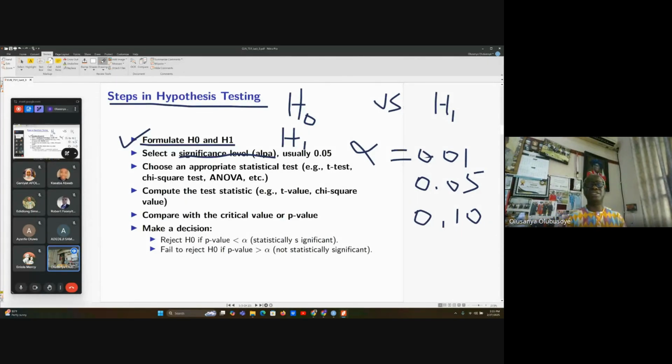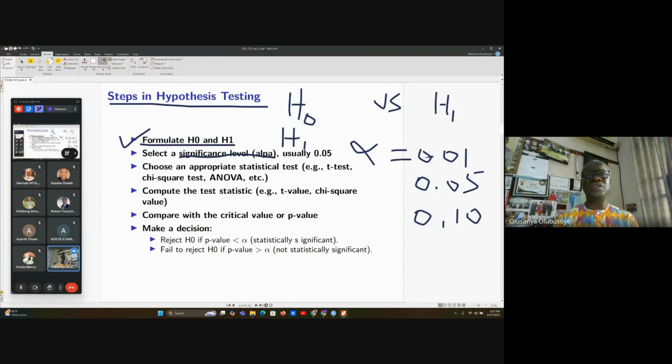What does that mean? The significance level that you choose represents the probability of doubt that you are willing to entertain regarding the decision you take on the null hypothesis.